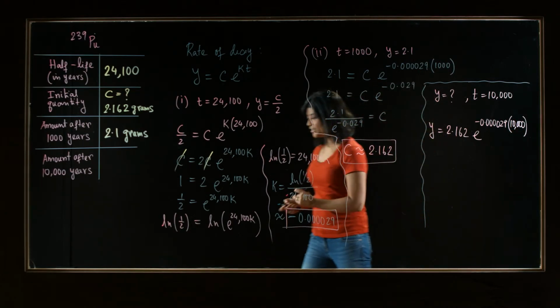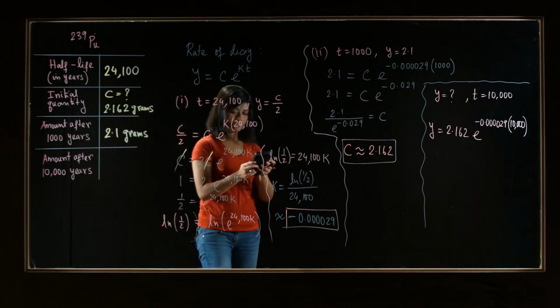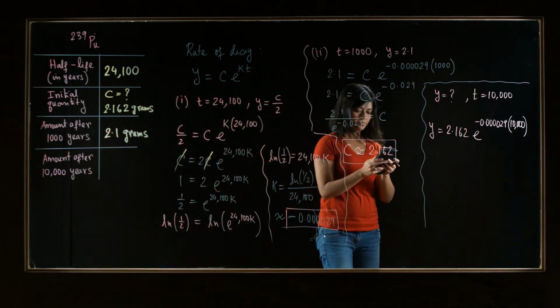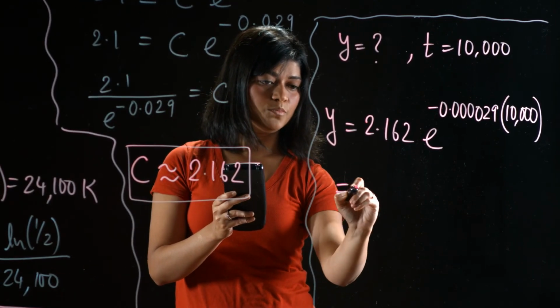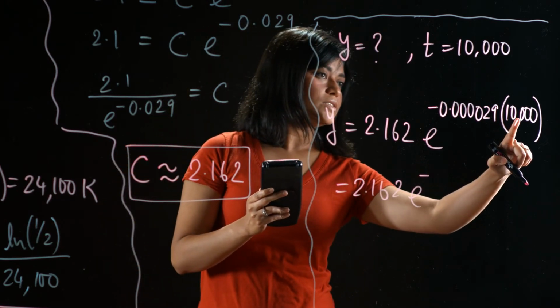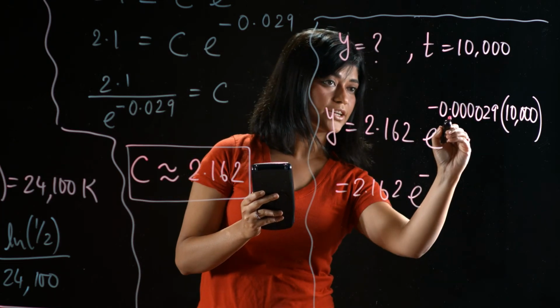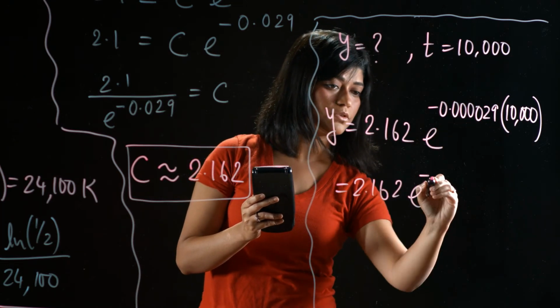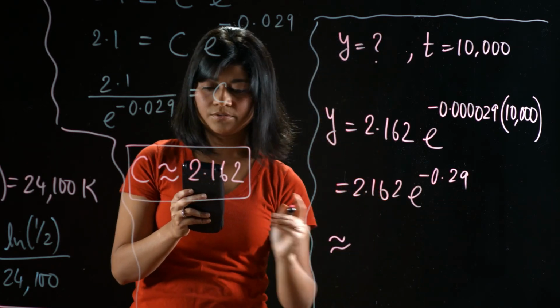If you want to simplify a little more, you're multiplying this entire thing by 10,000, so this is actually negative 0.29.